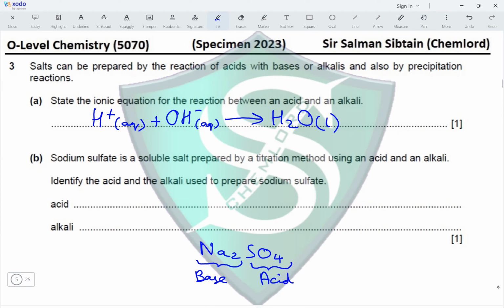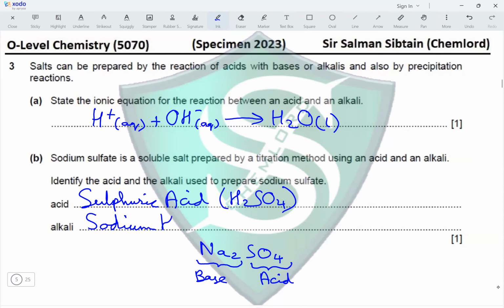So the acid that contains SO4 is called sulfuric acid, having a formula of H2SO4, while a base containing sodium ions is called sodium hydroxide, having a formula of NaOH.